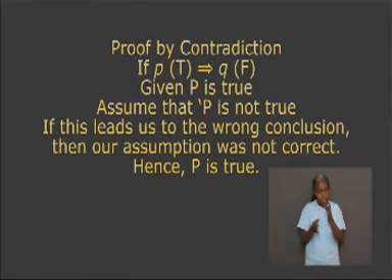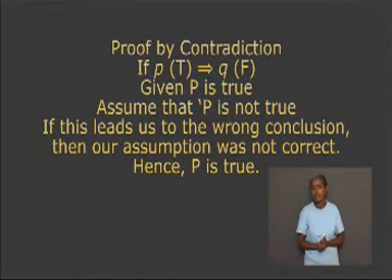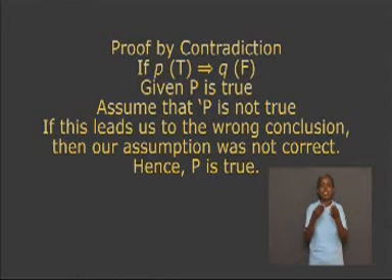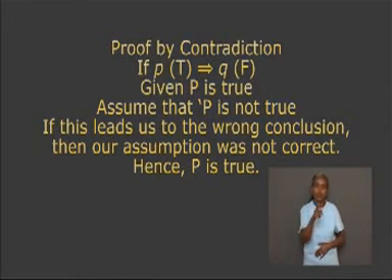If, through a number of steps, we arrive at a wrong conclusion, this tells us that our assumption was not correct. This in turn shows that the given statement is true. That will be the proof.